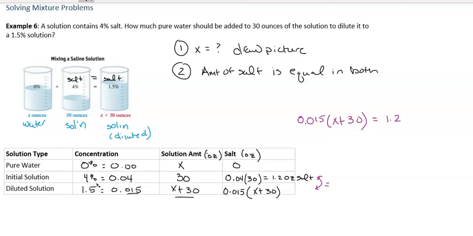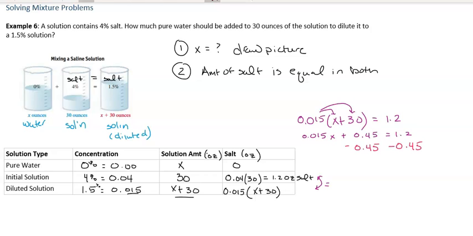So we get 0.015 times X plus, now remember we're distributing this times this and then this times this. So 0.015 times 30 is 0.45. You can just use your calculator. Equals 1.2. So now we're going to subtract 0.45 from both sides.